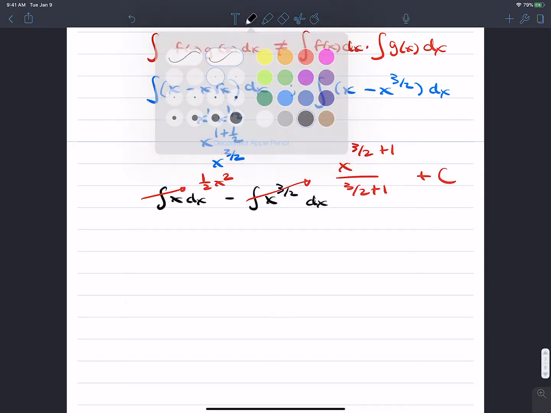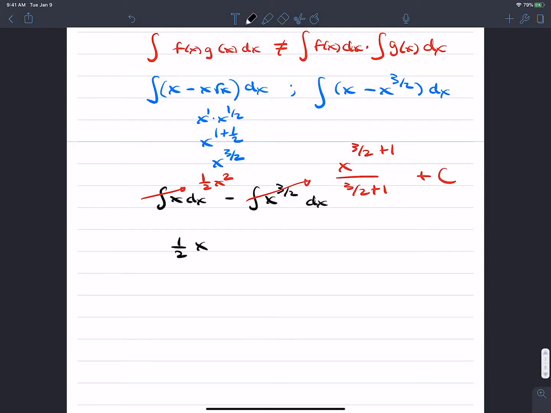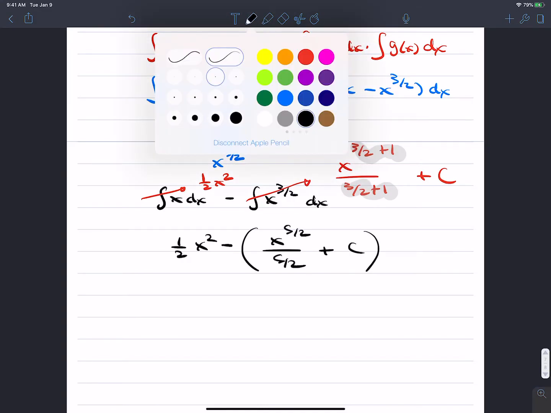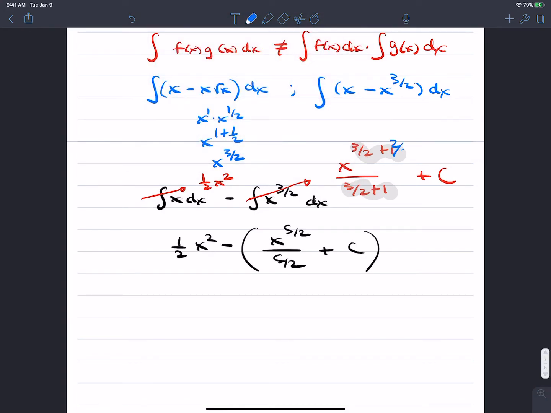So I get 1/2 x squared minus, if you want to see every detail, x to the 5/2 over 5/2, plus a constant. What's 3/2 plus 1? That's 5/2, 2 over 2. Okay, so you get that 5/2.